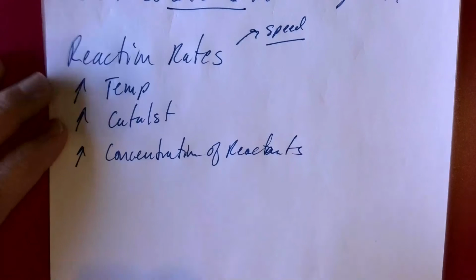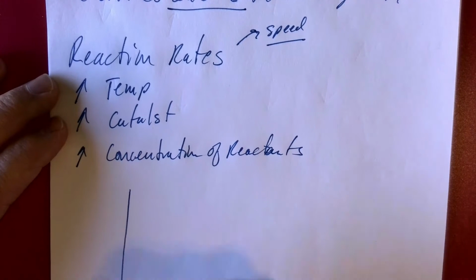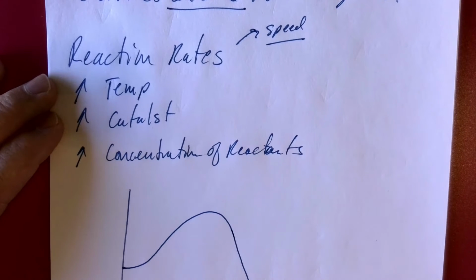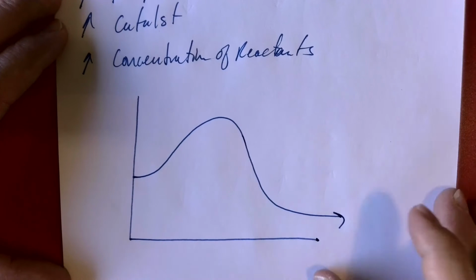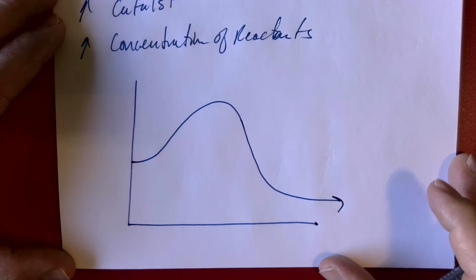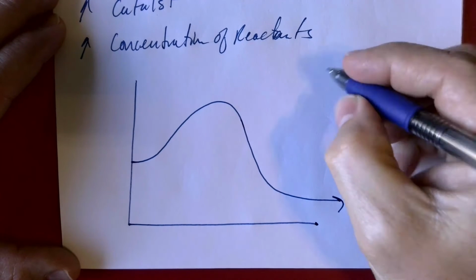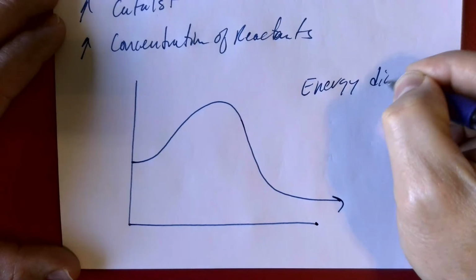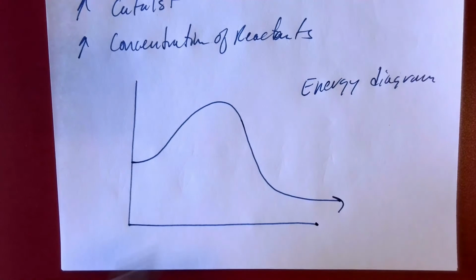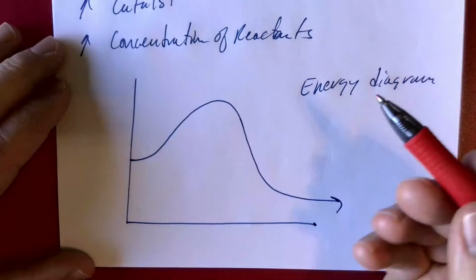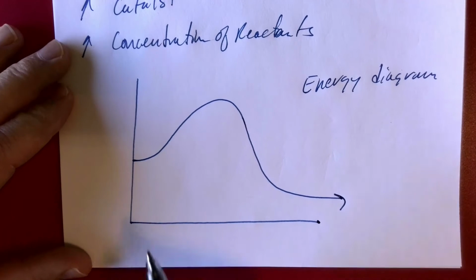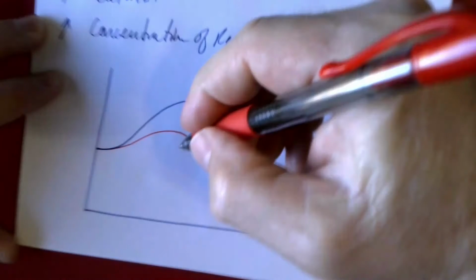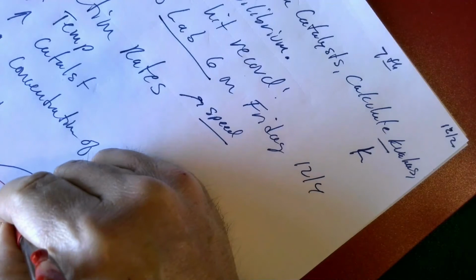Now catalysts. If you go back to this, anybody remember what this was called from the other day? Nobody? Energy diagram. It's called an energy diagram, right? If this is my regular energy diagram, and I'm going to take my red one, and I'm going to have a catalyst now, this is what it's going to look like. I always screw this side up, so I'm going to turn this a little bit.